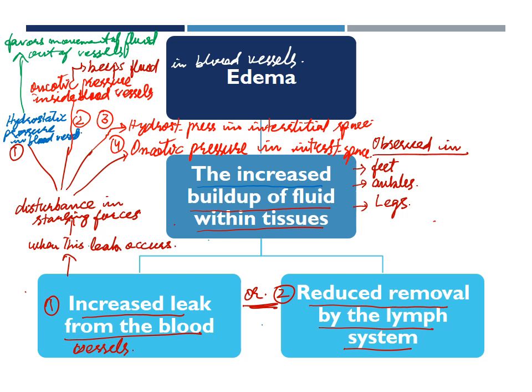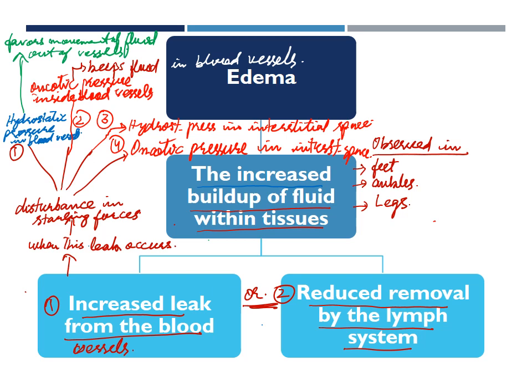And there are different causes when extracellular edema occurs. There are many causes of this. The first cause is increased leak from the blood vessels. The second is reduced removal by the lymph vessels.